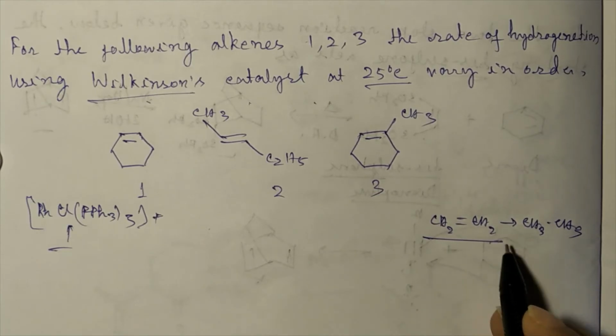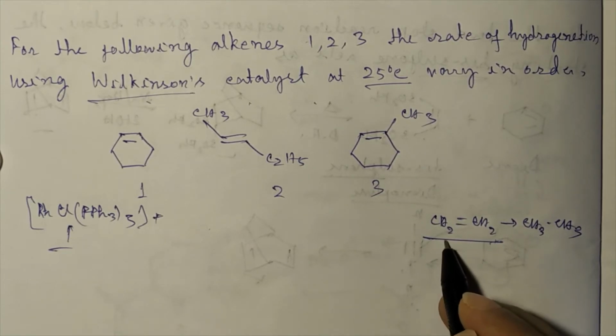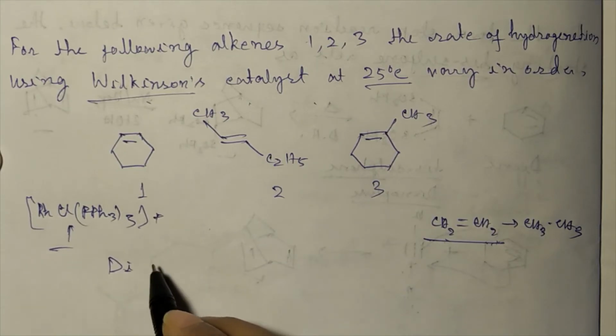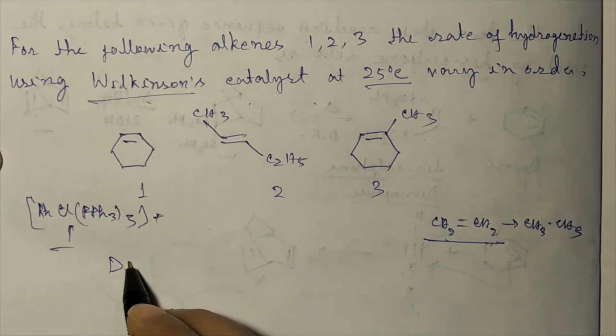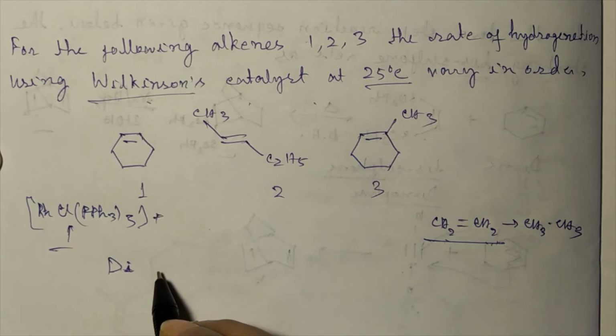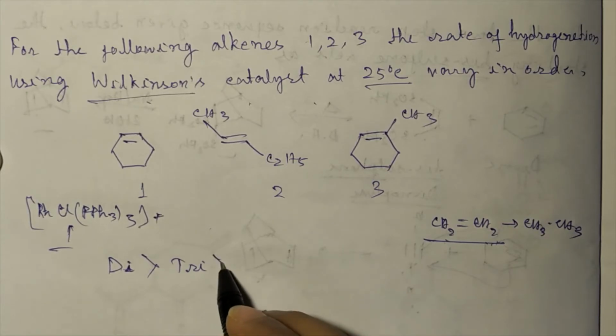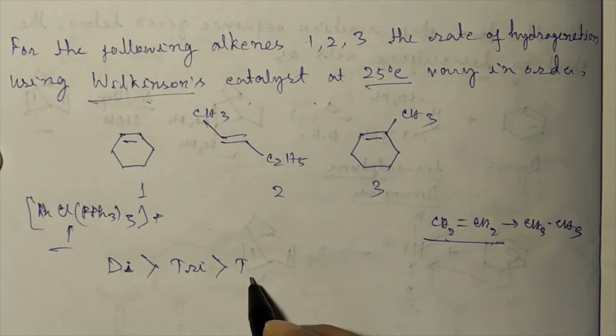and the rate will be higher for less substituted alkene, that is disubstituted. The rate of reduction of disubstituted alkene will be higher than trisubstituted alkene, which will be higher than tetrasubstituted alkene.